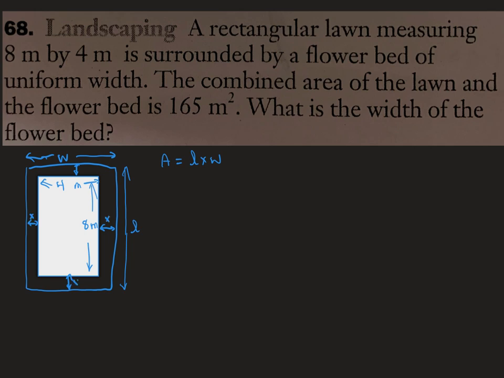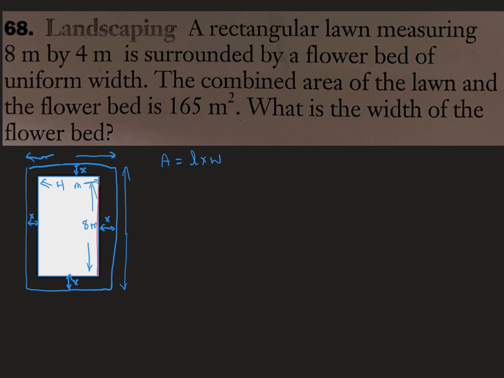The width of the flower bed is going to be x, which means for L and W, we're not going to introduce two new variables, but we're going to write the length and the width in terms of x. We know the lawn is 8 meters long.